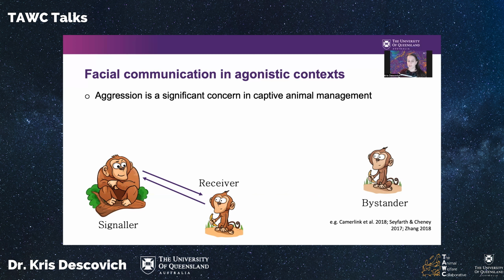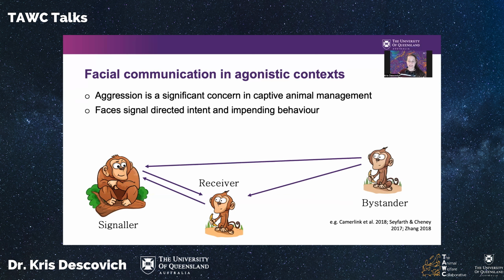Or are they going to make the choice to actually escalate the conflict and perhaps even signal some threats back to them? Now, of course, the bystander also has several choices, so they can also see the signal and receiver. They can also choose to de-escalate the situation or perhaps escape the situation or engage in social conflict themselves.